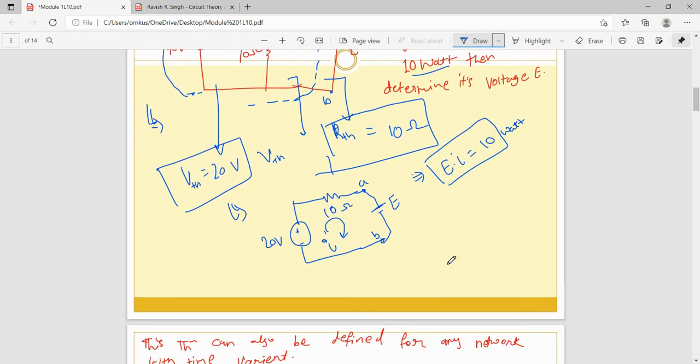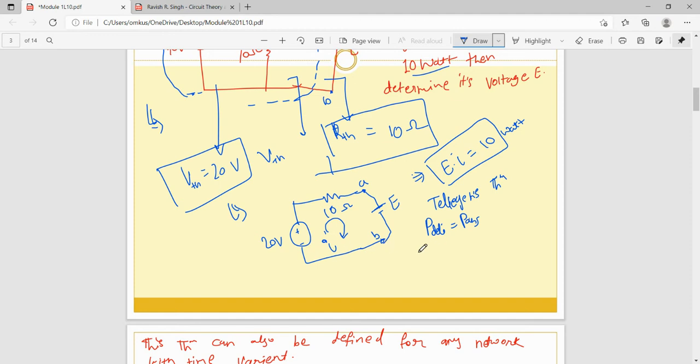Now use Tellegen's theorem here. Tellegen's theorem is power delivered is equal to power absorbed, right? Now what is the power delivered? Here a single voltage source is given to you, and the current which I assume here is I ampere.